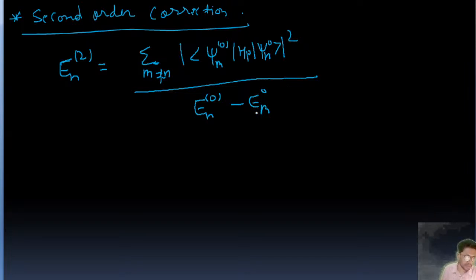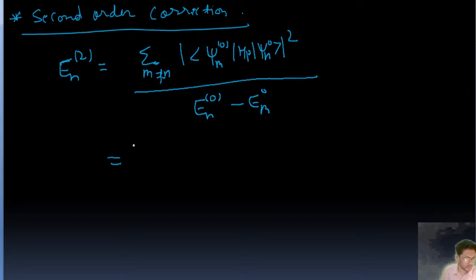Yeah, this is the one. This is the formula. E_n2 equal to sigma m not equal to n mod square of psi m naught H' psi n naught upon E_n naught minus E_m naught. Okay, so now we'll put the value.